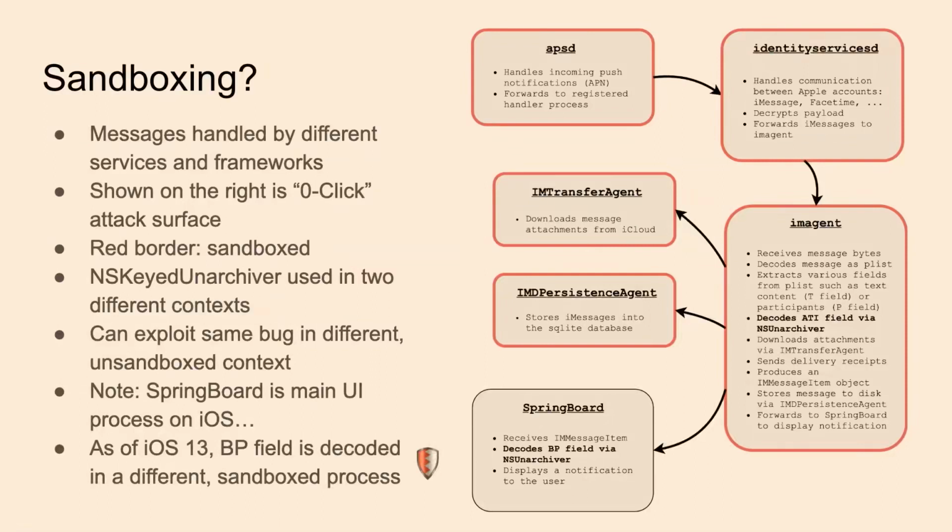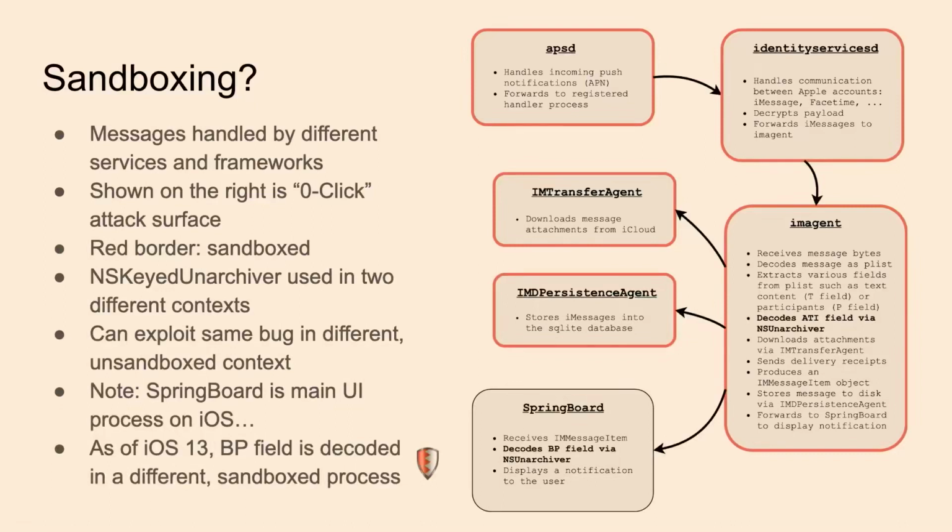What about sandboxing? If you do some more reverse engineering and figure out what services play into iMessage, this is what you end up with on the right side. So you have a number of services. Most of them are sandboxed. The red border means there's a sandbox. Interestingly, SpringBoard also does some NSUnarchiver stuff, so it's decoding the BP key. So it could also trigger our vulnerability, and SpringBoard is not sandboxed.